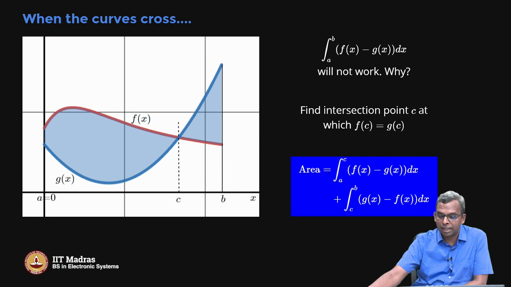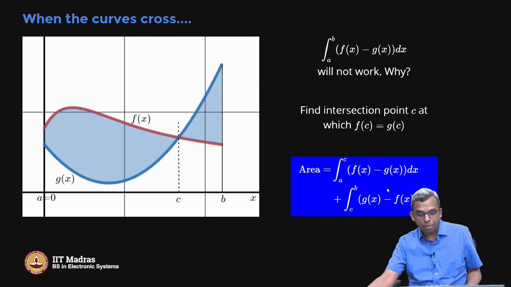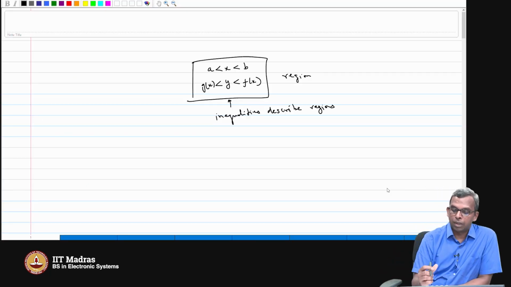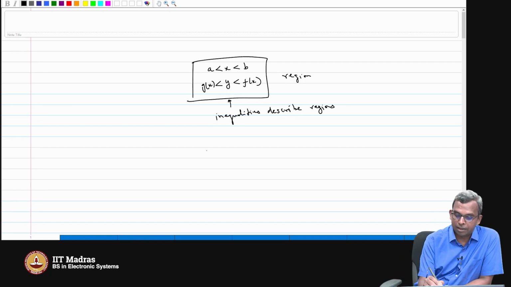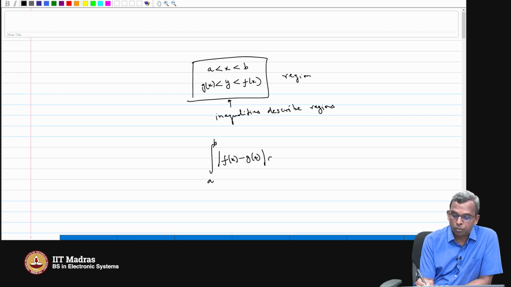So what do we do? The area is actually integral from A to C f of x minus g of x. And then what do I do from C to B? I do g of x minus f of x. Notice this subtle switch here, right, between f of x minus g of x. So if you want to write it in common, one way to write it in common, this area between regions is integral A to B absolute value f of x minus g of x dx.